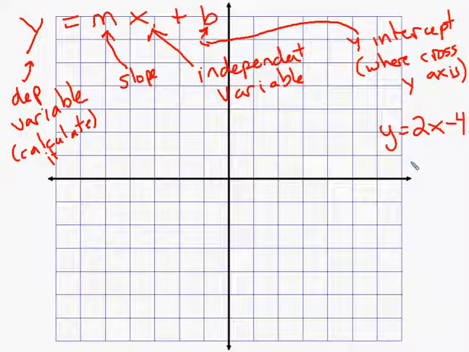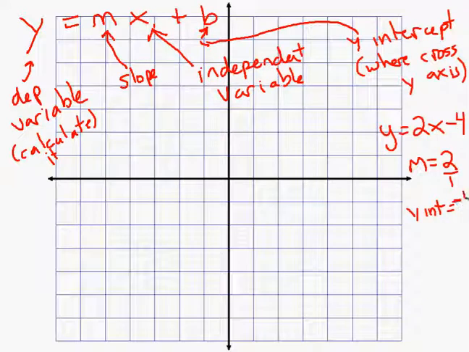Let's identify stuff. m, which is our slope, is 2 over 1. Notice I didn't say x on this; x is not part of the slope. My y-intercept is not 4, it's negative 4.